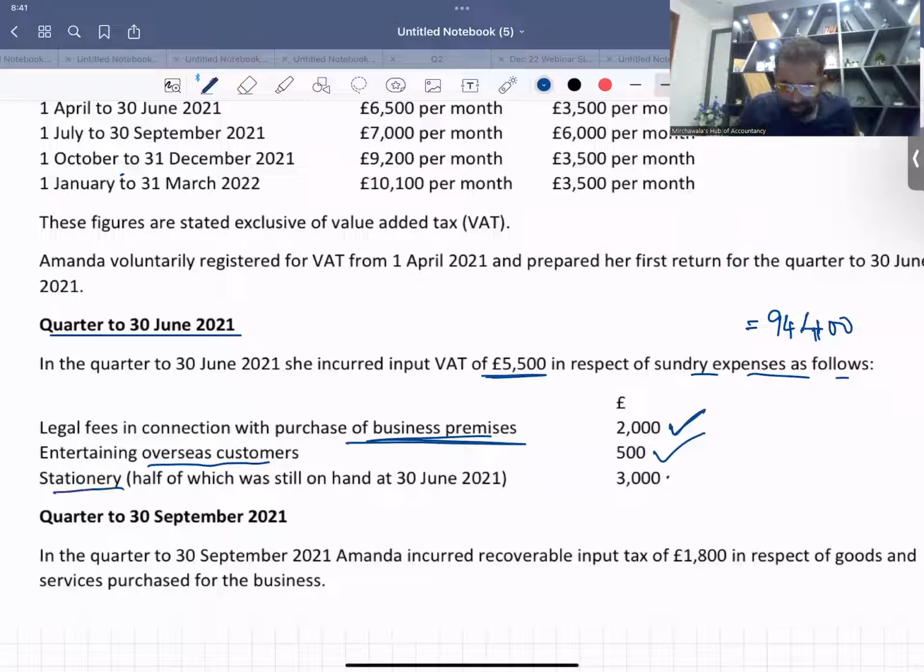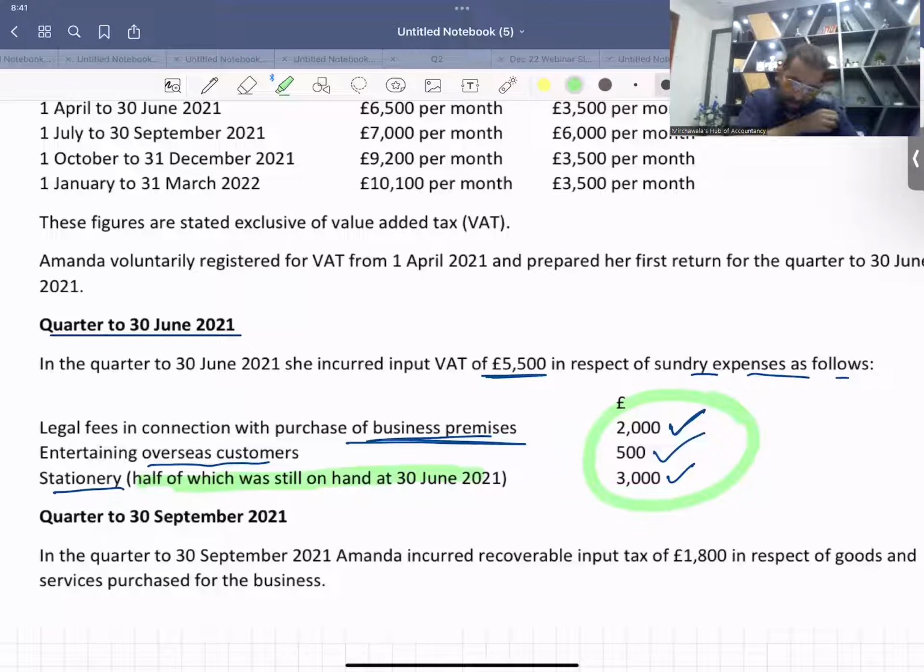Stationery, yes, it's business. Now see the trick. Half of which was still on hand. It doesn't matter whether you use it or not. Once you have purchased the inventory, that means you have paid the input tax, so you can claim it. So you can claim for all these three.